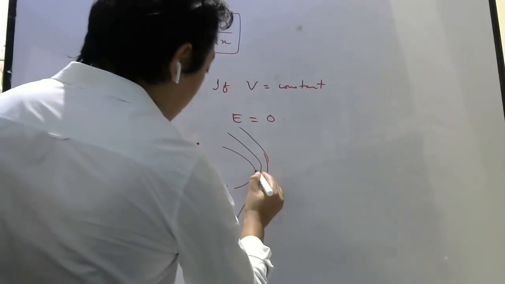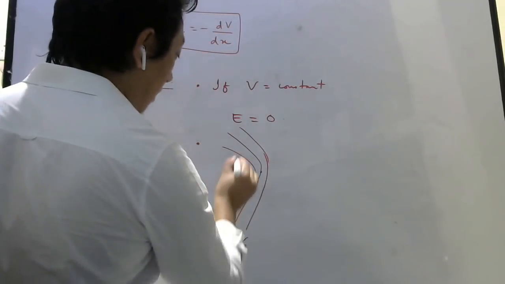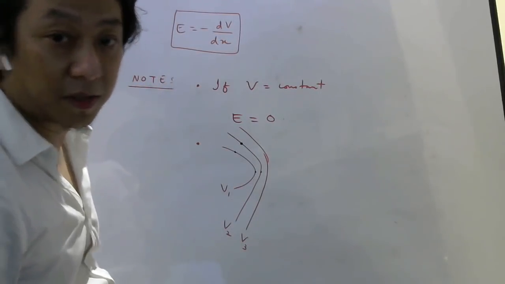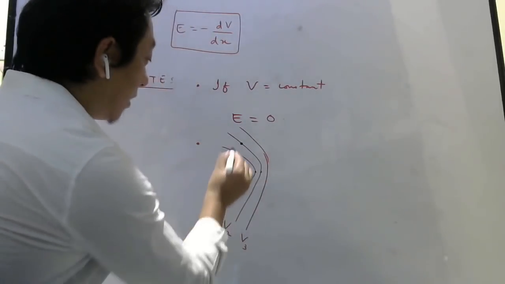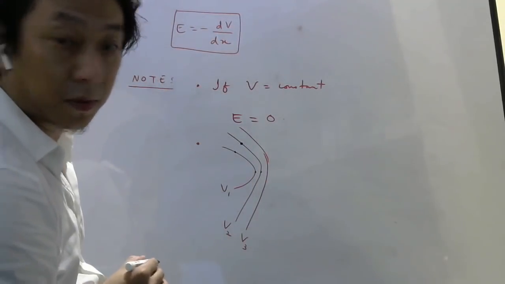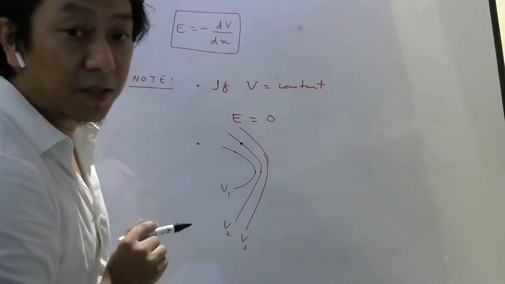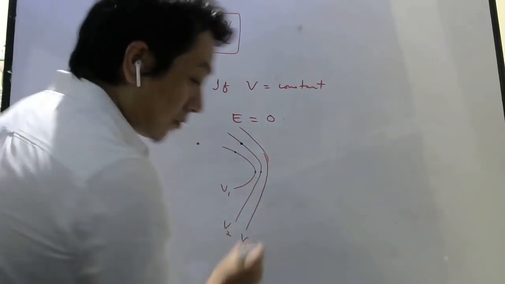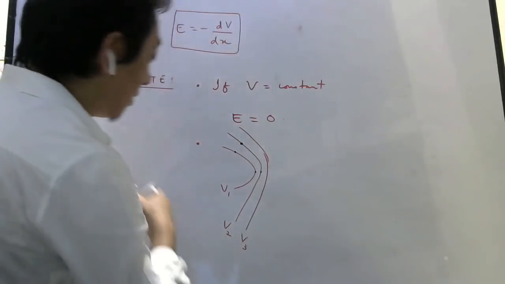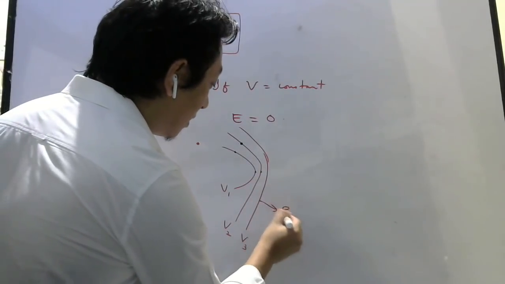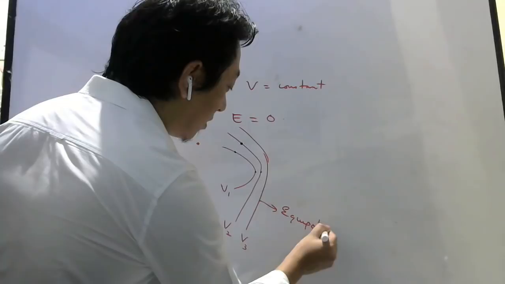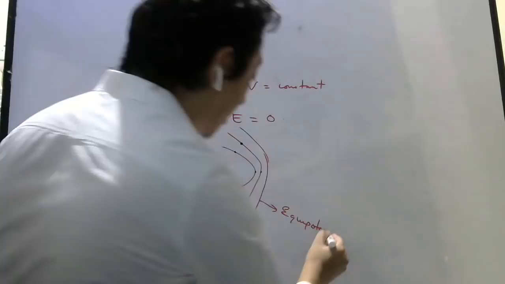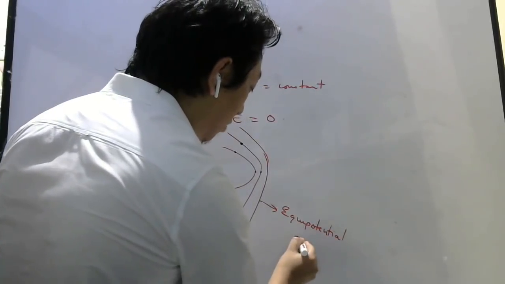If you go from here to here, and then from here to here, will the potential difference be the same or not the same? What are these lines representing actually? These are equipotential lines. If you think in 3D, then you can think of it as an equipotential surface. So these are equipotential surfaces.